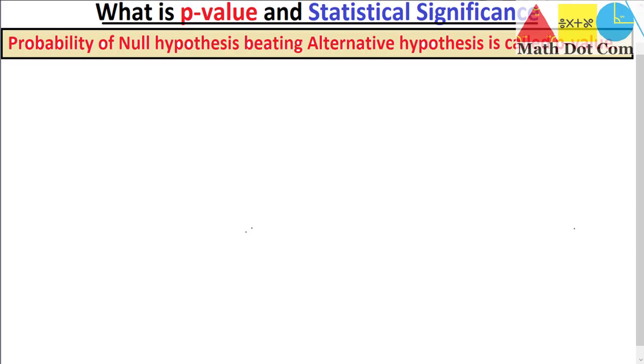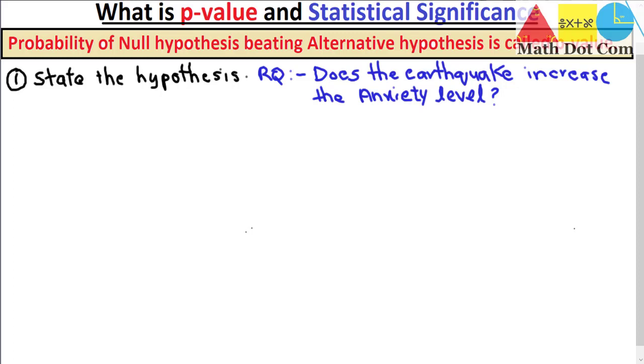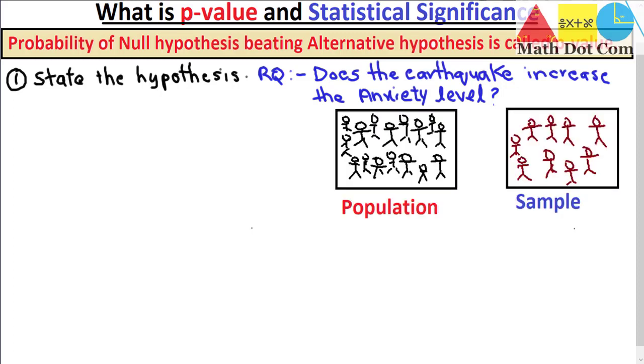Let's have an example. To understand the p-value, we have to go step by step. So here our step number 1 is we have to state the hypothesis. The hypothesis is basically based on the research question. Our research question here is, does the earthquake increase the anxiety level? Based on the research question, I have drawn two diagrams here.